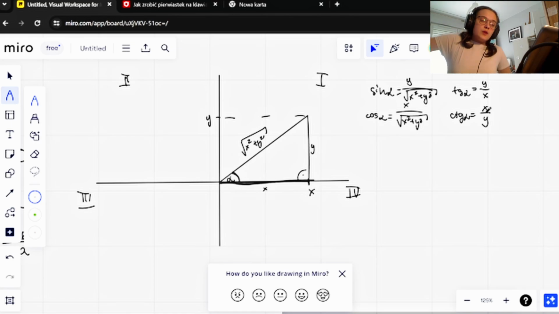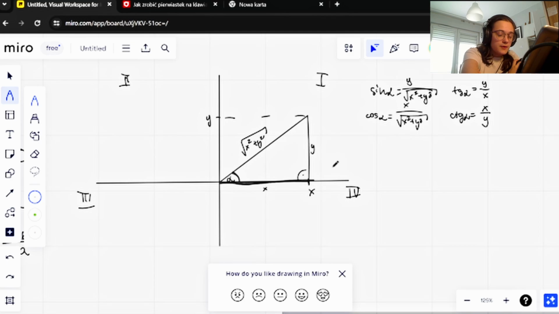So now, what's the value of these things and how does it change? As you can see, here y and x are positive. And every function in this quarter will be positive.